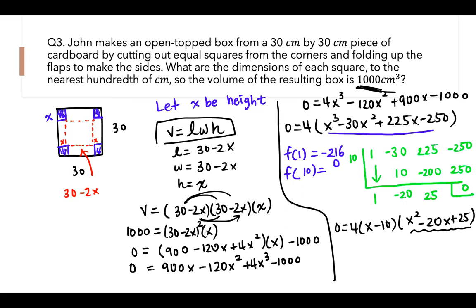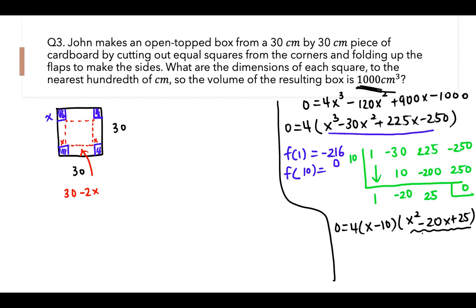So in this case, let me just erase. Let's bring this to this side. For x squared minus 20x plus 25, my a value is 1, b value is negative 20, and c is 25.